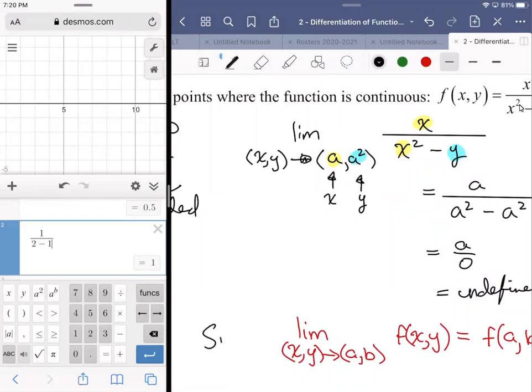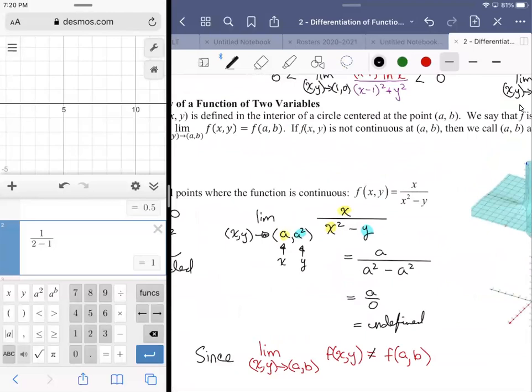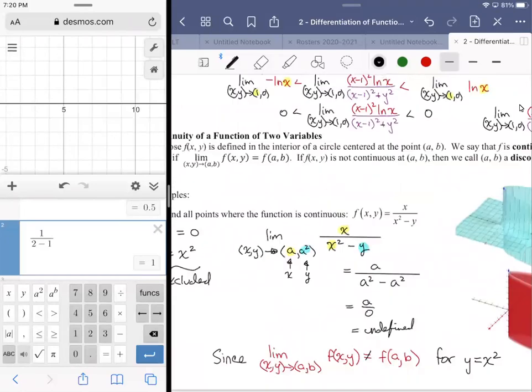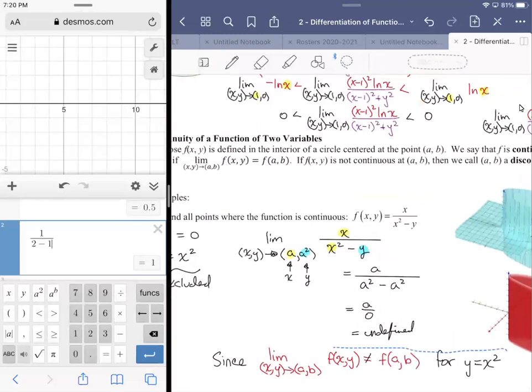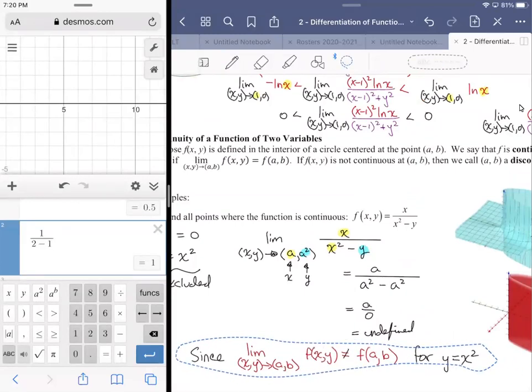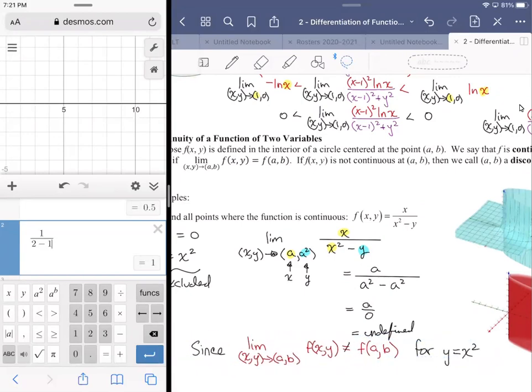So since the limit as (x, y) approaches (a, b) of f(x, y) is not equal to f(a, b), or y equals x squared, the function is not continuous on that path.